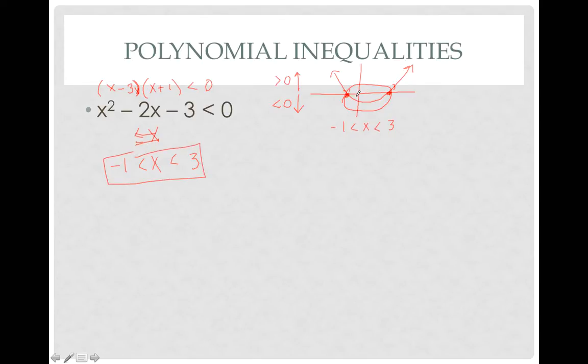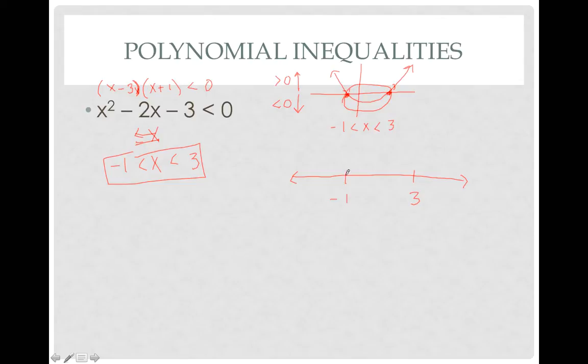Now, graphically, it makes sense because most of you can visualize a graph and see where it is above the x-axis and below the x-axis. But there's another way we can do this, and we call it a sign chart. A sign chart is basically just a number line, and we put what we call critical points down on this number line. The critical points are where things are 0.